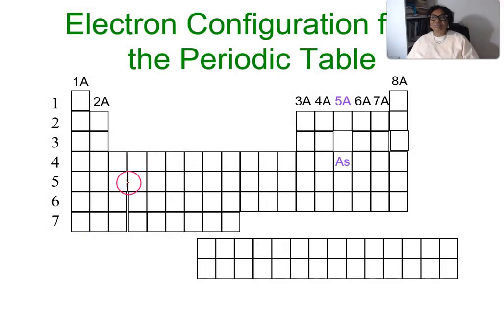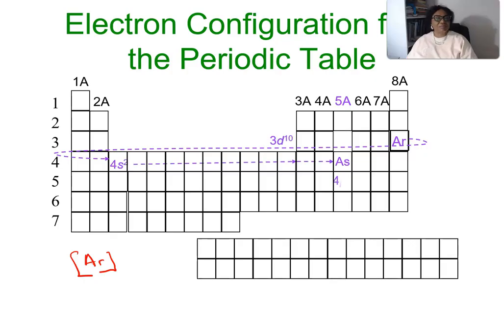So let's now write the electronic configuration for arsenic. So you see the noble gas, that's a short form. The noble gas before arsenic is argon. So you have to write argon. Then you write every other thing outside. So you write argon first.